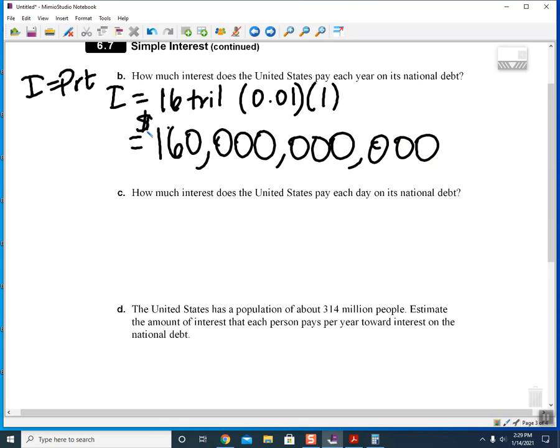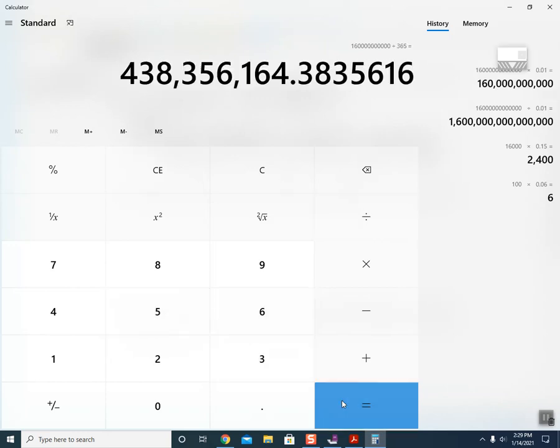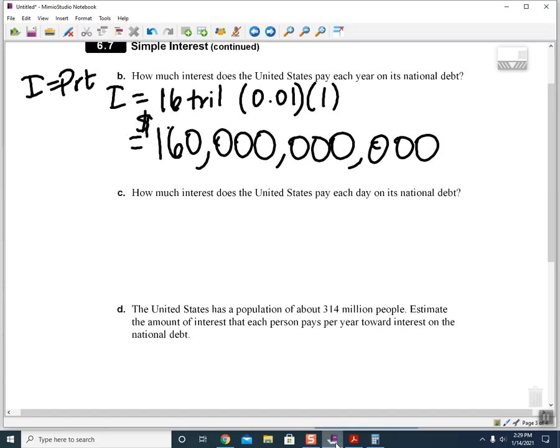So how much interest then do they pay each day? I'm going to take this number that I have right here, divide that by 365 days in a year. Let's see. We're just going to estimate about 440,000. So it's about $440,000. Is that right?